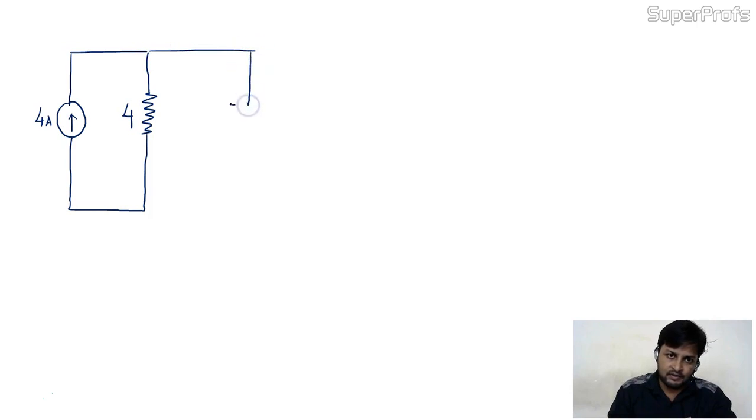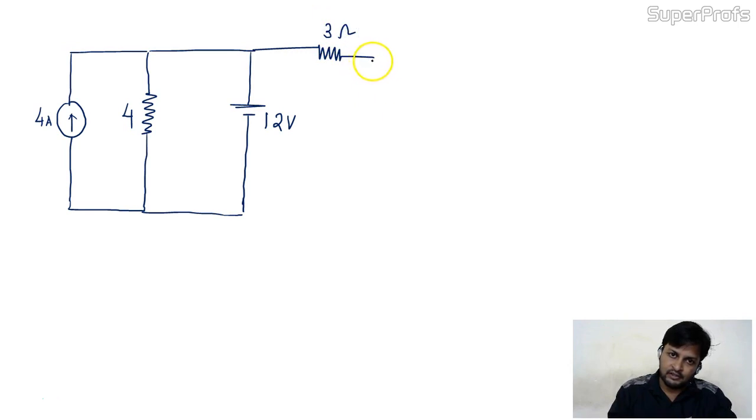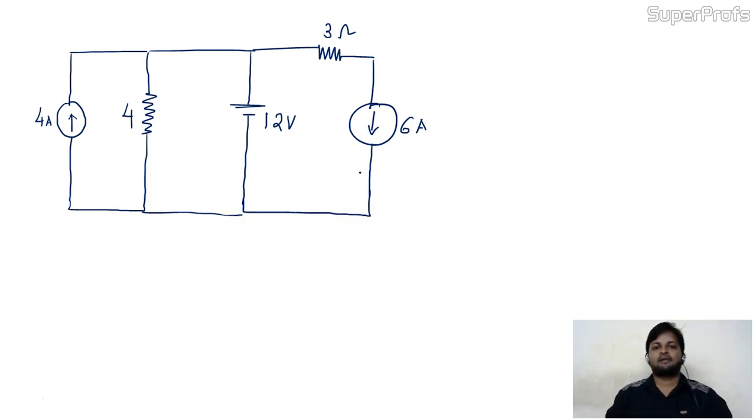This resistance is connected with a battery or independent source whose value is given as 12 volt. The circuit is further connected with 3 ohm, and the current in the circuit branch is 6 ampere. Is it okay? This is the closed circuit. Now the question is to find out the power in the various branches.